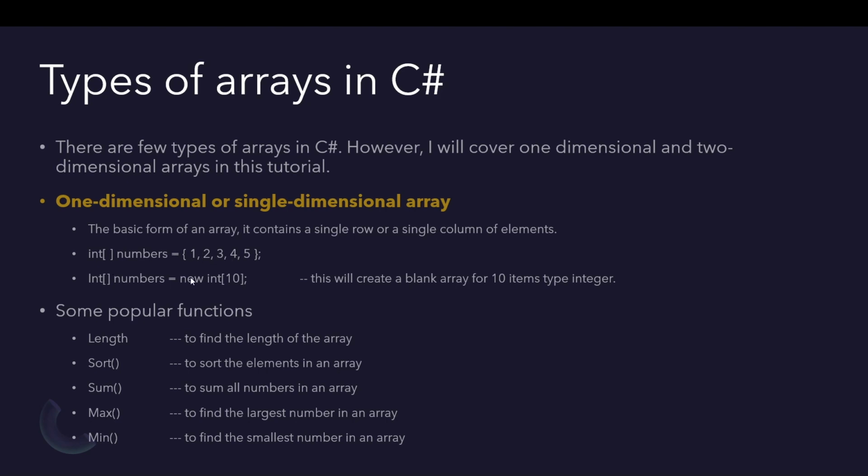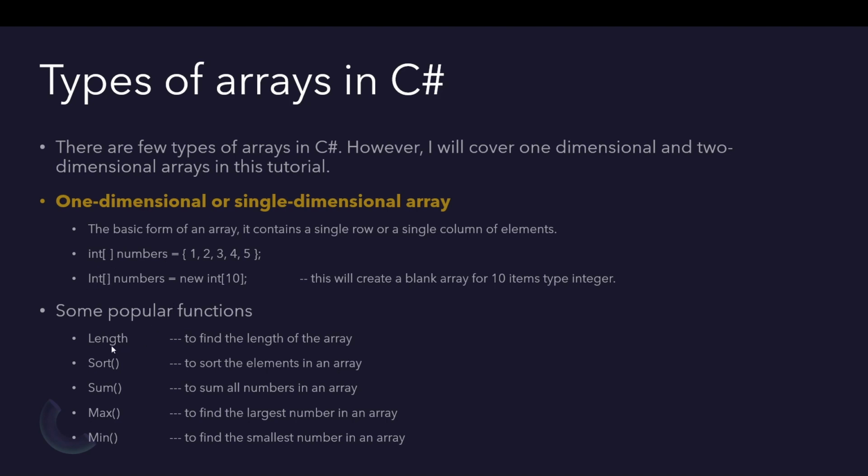This is another way of declaration: int numbers equal to new int 10. So this will create a blank array in computer memory for 10 items of type integer. If you want to make an array of char, just change this int with char, with string, with class types, with float, whatever type you want to create.